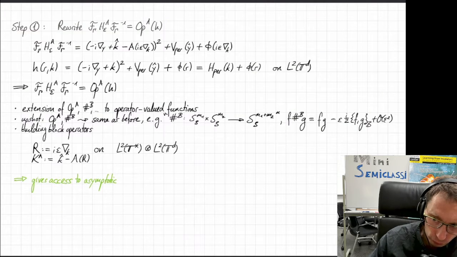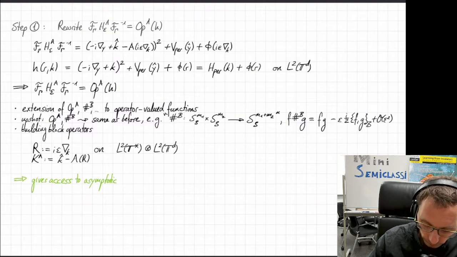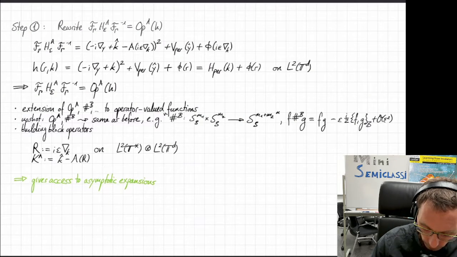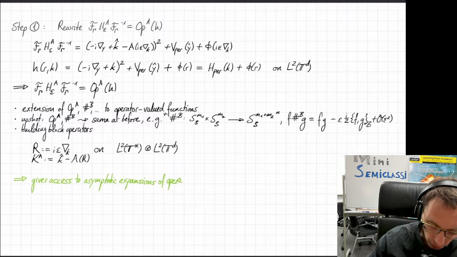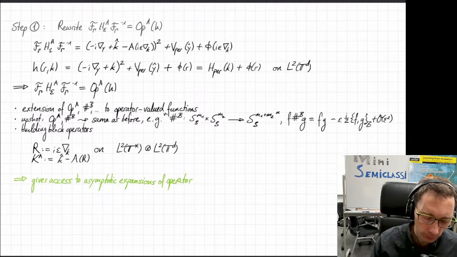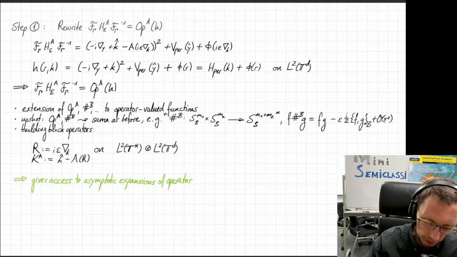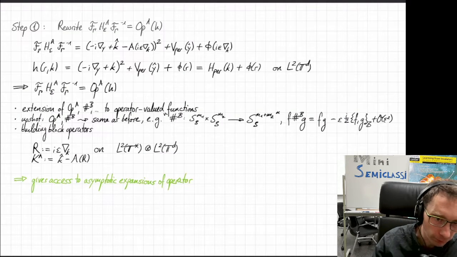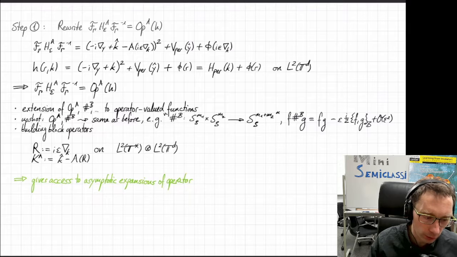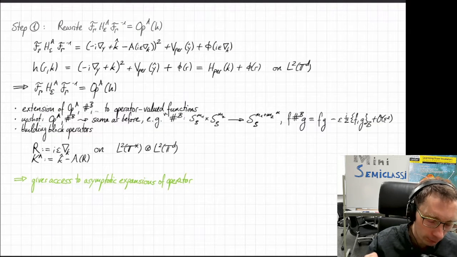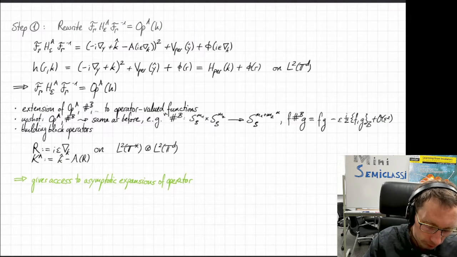And this allows us to do rigorous perturbation theory. This is also useful if you're looking away from semiclassics. If you want to derive effective dynamics, for example in the form of tight-binding operators, you can still use magnetic Weyl calculus. That's a very good tool for the job.